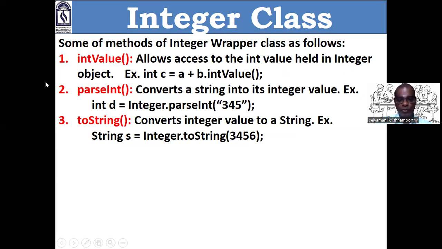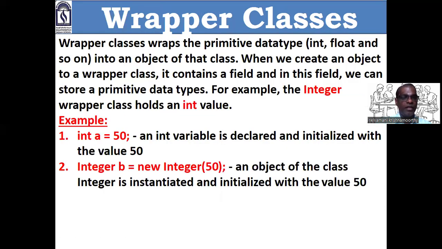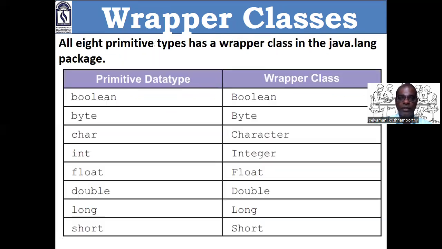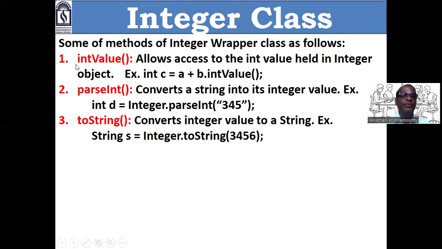We are creating one Integer object, b. In this Integer object, we are storing 50. Then how can we access the value stored in the Integer object? With the help of intValue. intValue is a method which allows access to the int value held in an Integer object.